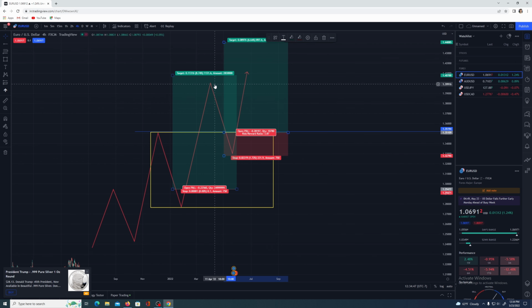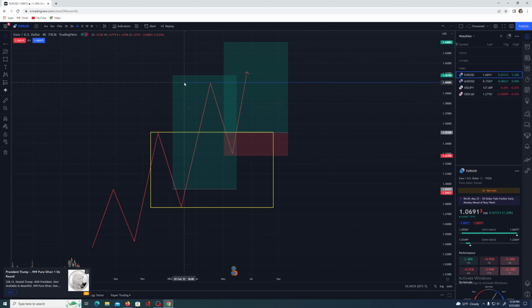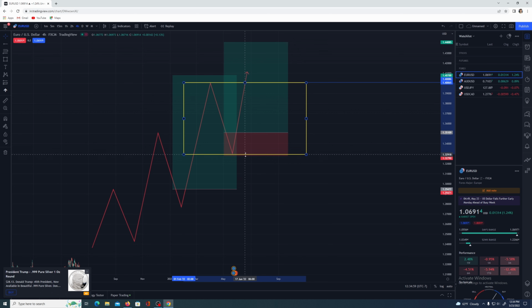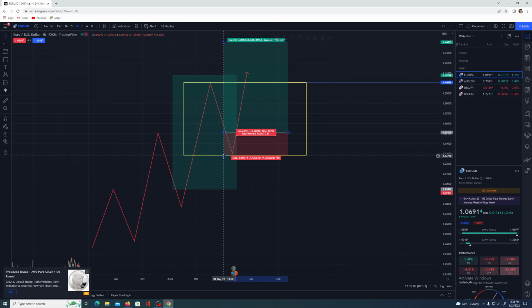Because guess what? Now, since it broke above this high, right? Now our supply block became this one over here, right? So there's no need to have this stop loss all the way down here, because we already broke structure up here.